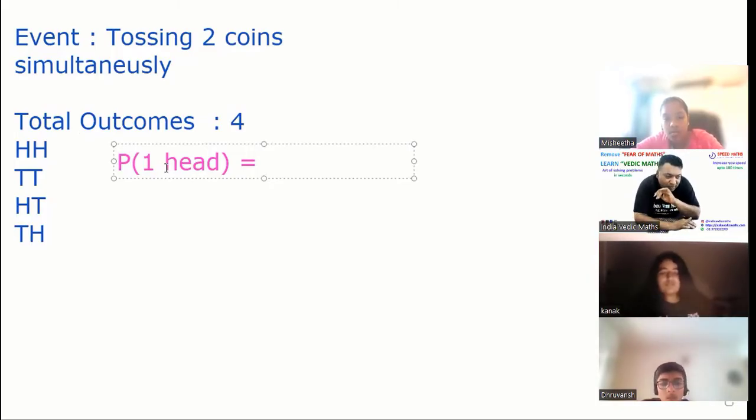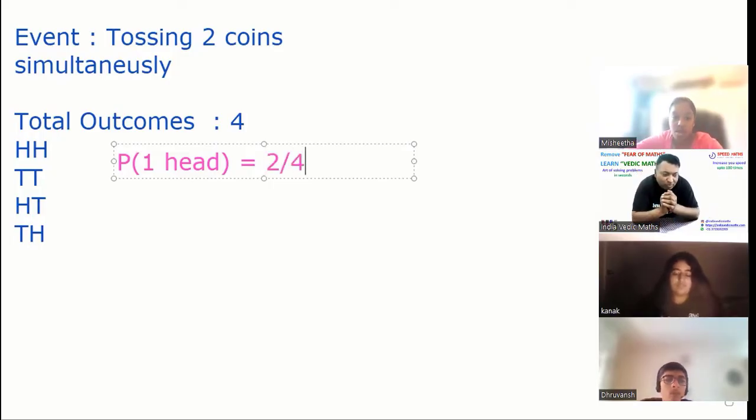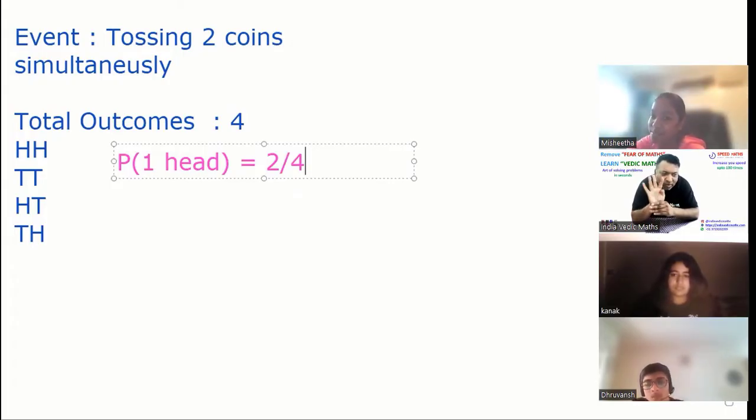The right answer is, everybody should write, 2 outcomes are favorable, HT and TH. My probability is 2 by 4. It is not 1 by 4, Mishita. HT has 1 head, TH also has 1 head, right? So 2 outcomes of 4 are favorable.